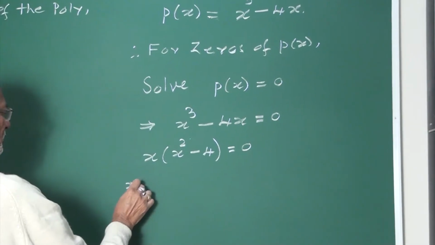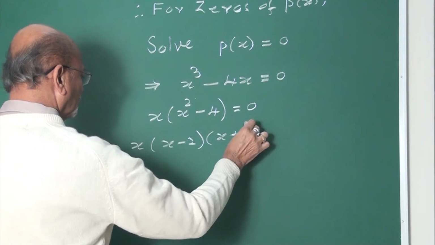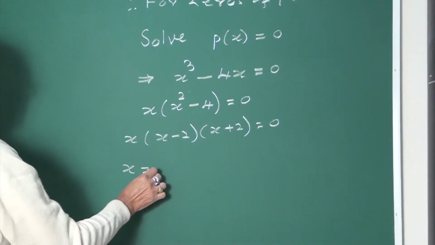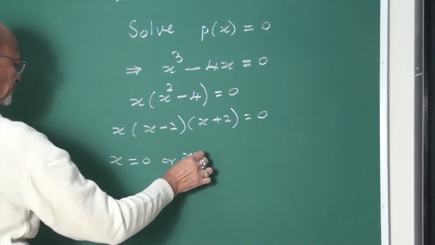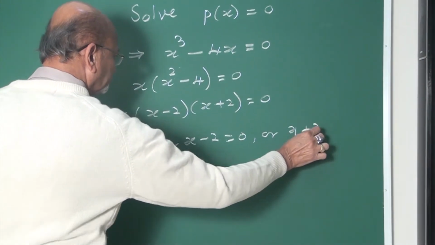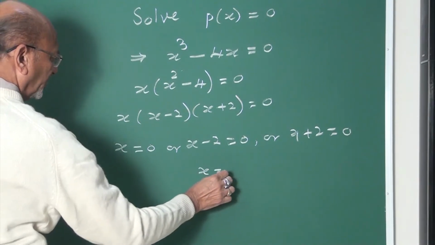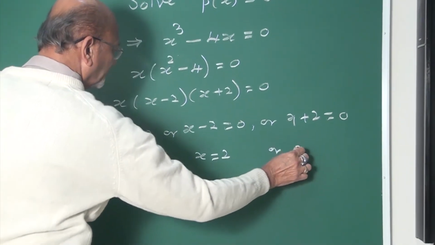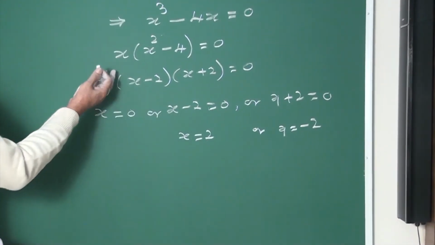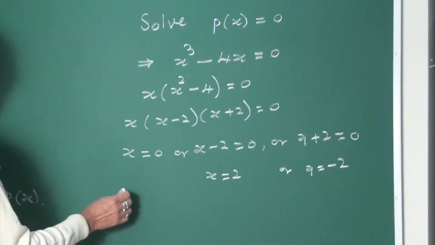You know the factors: x(x minus 2)(x plus 2) equal to 0. From this, either x is 0 or x minus 2 is 0 or x plus 2 is 0. That is, x equal to 0, x equal to 2 or x equal to minus 2. At these three values, your p(x) becomes 0. Therefore, these are the required zeros.